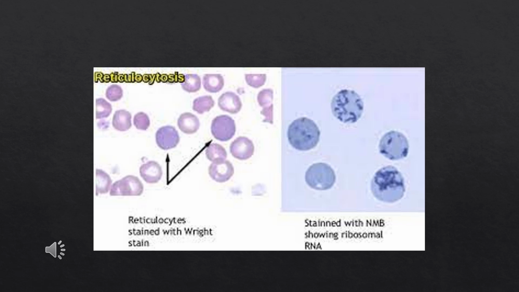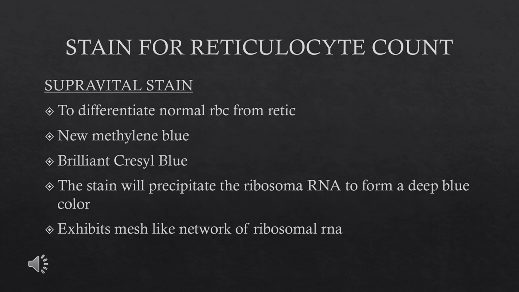On the other side of the image, you can see it under the new methylene blue. So, di ba, mas madali siya tignan dito kasi very defined yung laman ng cell. Next, we have your supravital stain. Under your supravital stain, we have your new methylene blue and your brilliant cresyl blue as your stain.